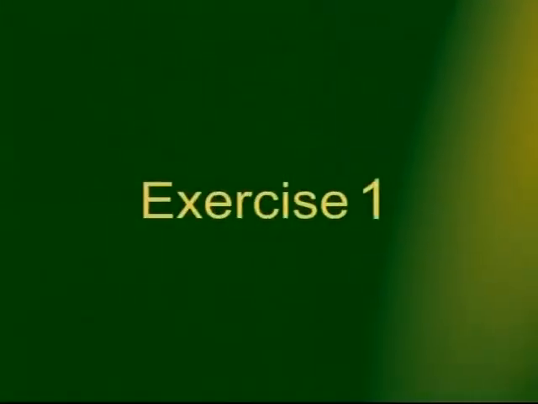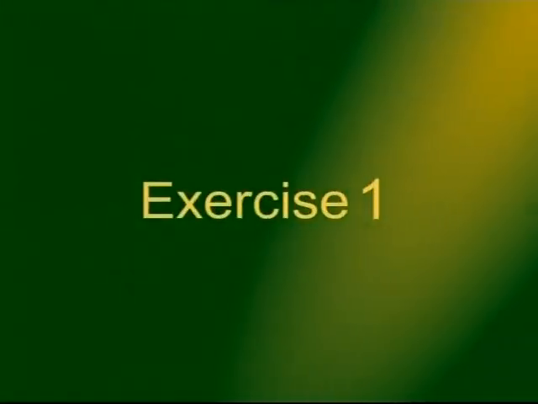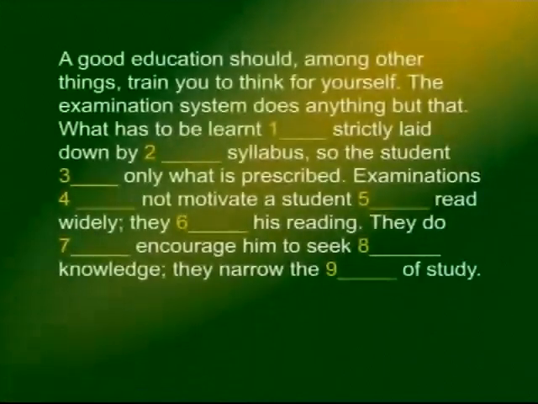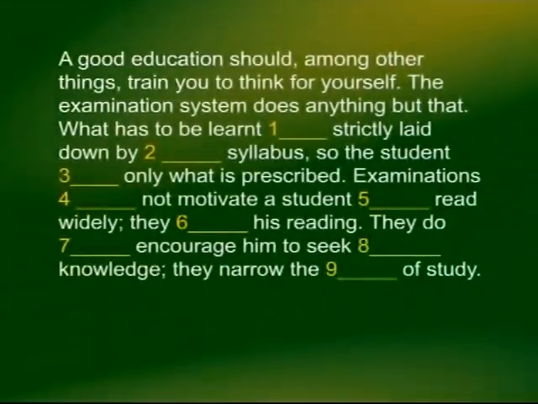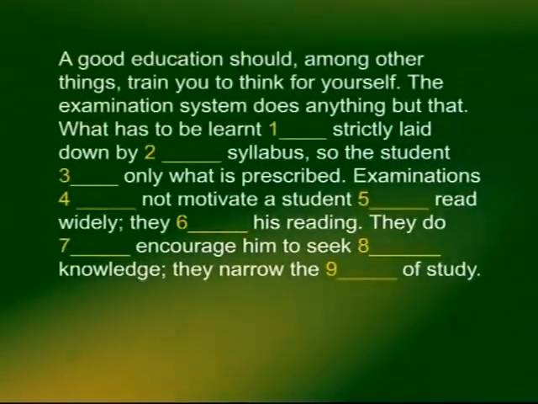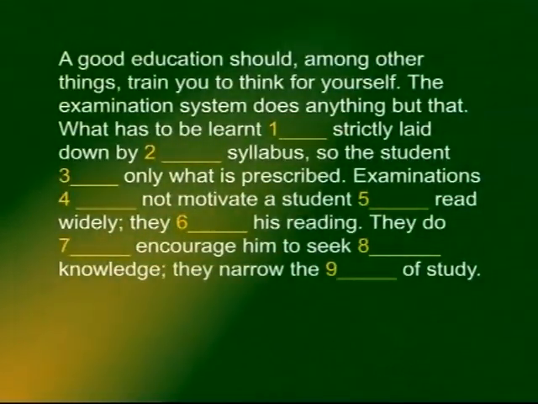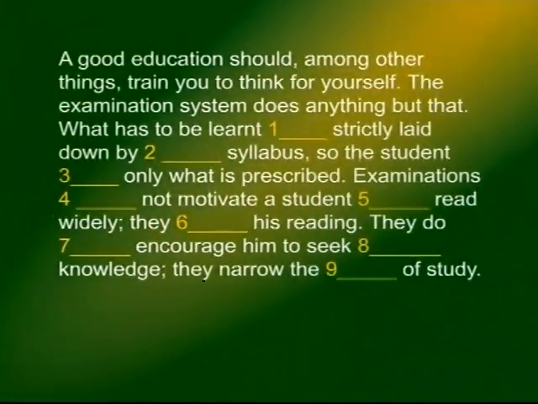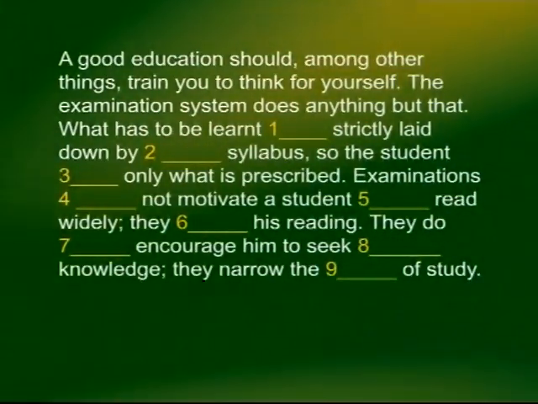Now look at the passage, exercise 1. Read it quickly, just glance through it. A good education should, among other things, train you to think for yourself. The examination system does anything but that. What has to be learnt?